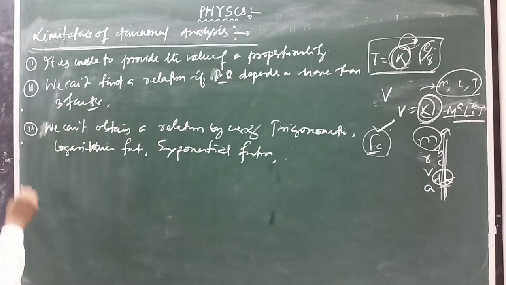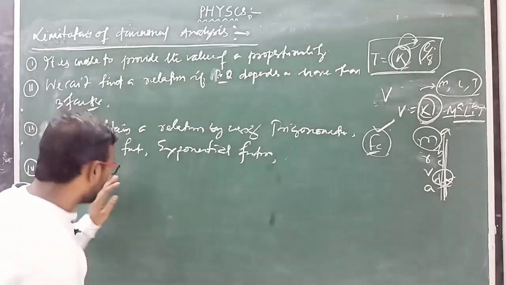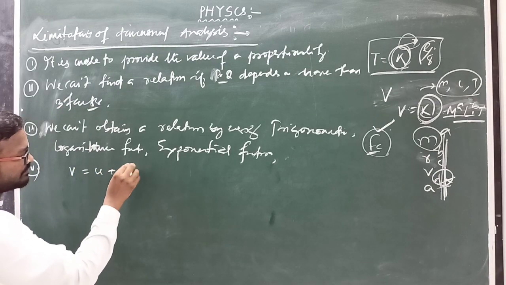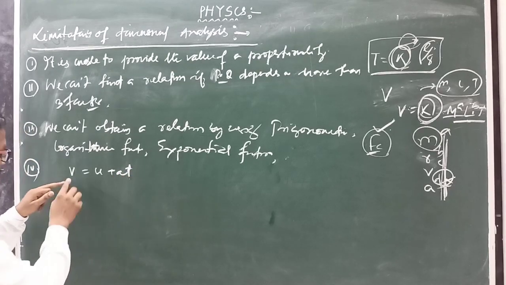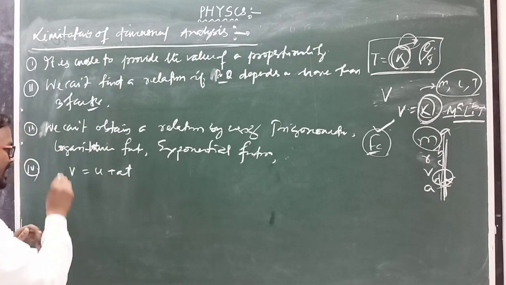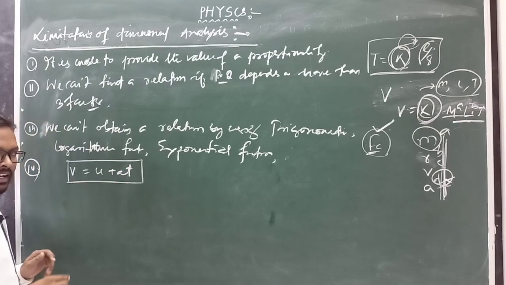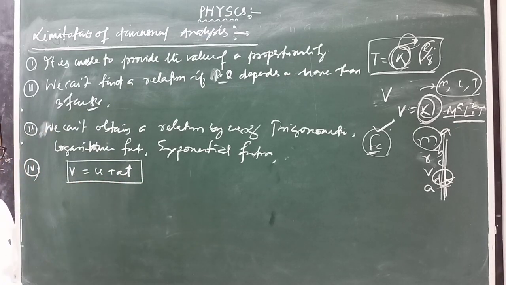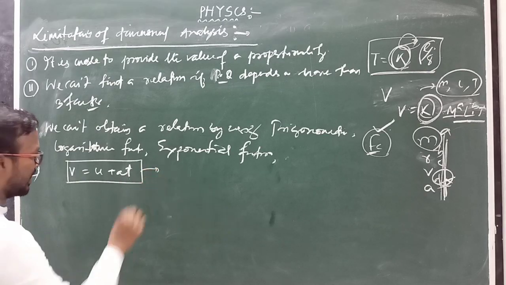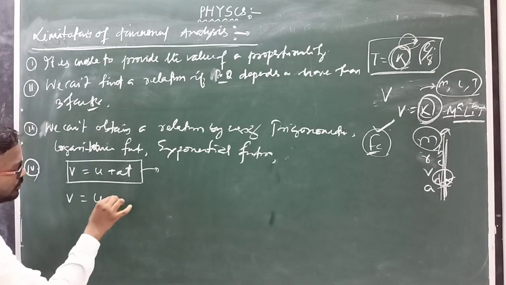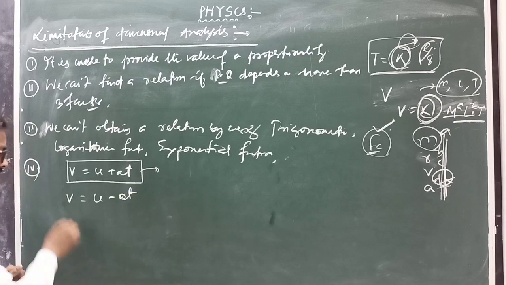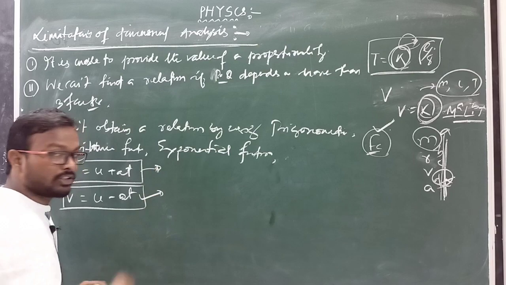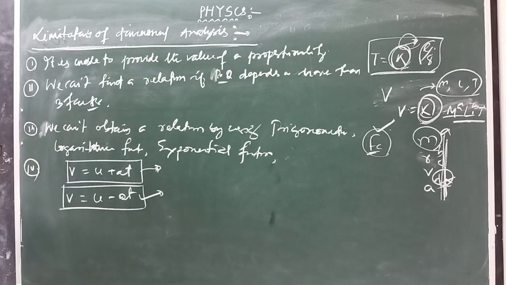And next important limitation, suppose you want to write a relation V equal to U plus AT. We already discussed this relation. Actually this is physically correct, and if we use the homogeneity principle here, then each term has the same dimension. Okay, this is dimensionally correct. If you write V equal to U minus AT, then in dimensional analysis this relation is also dimensionally correct, but this relation is not physically correct.